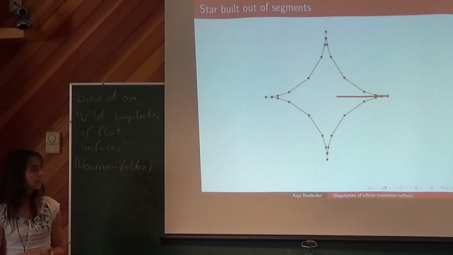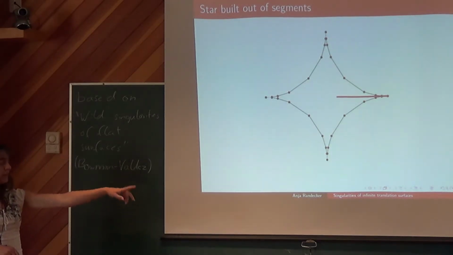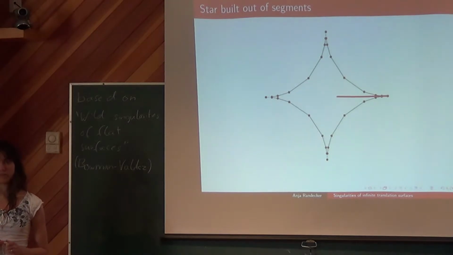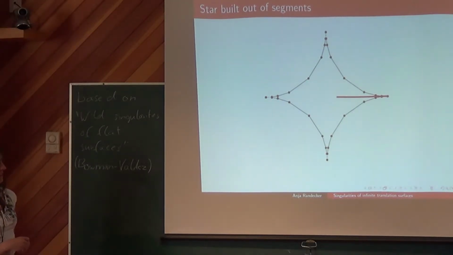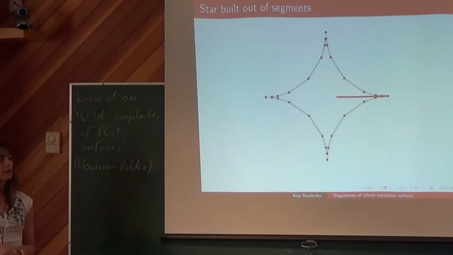So what can happen is that we have rotational components that are equal to one point. Okay, so we have seen examples for rotational components that are unbounded, for some of finite length, and for some consisting only of one point.